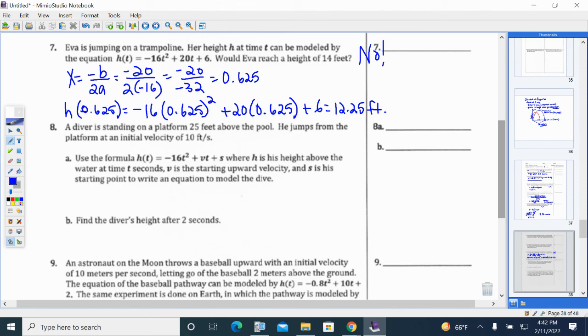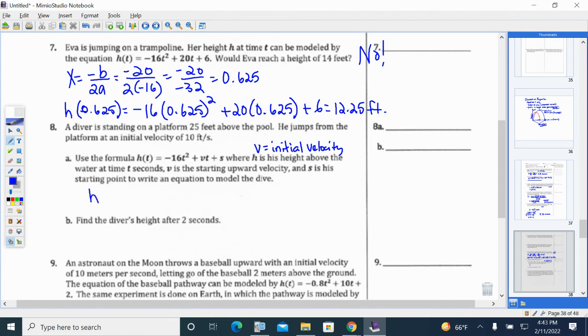So the v represents the initial velocity, and then s represents his starting height above water or above ground or above whatever.